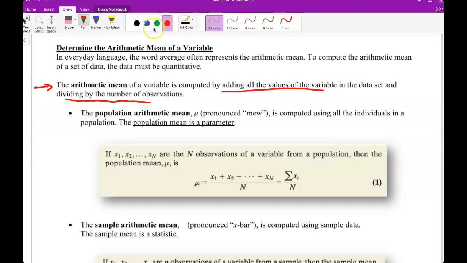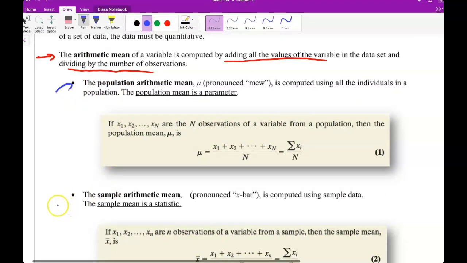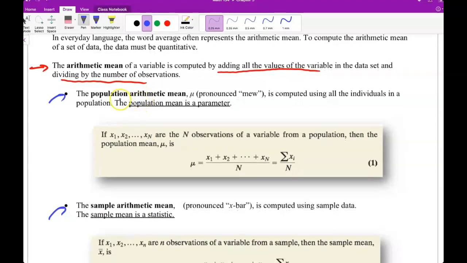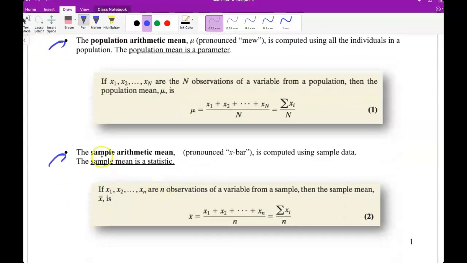Now in the first part, we have the population arithmetic mean. The next one is the sample arithmetic mean. The difference is that when you have a population and you're trying to find the average, you use mu. But when you're working with a sample, instead of mu we have x bar.